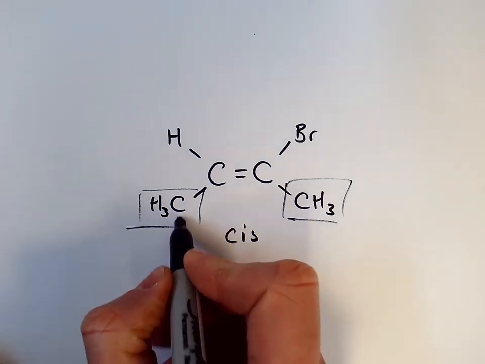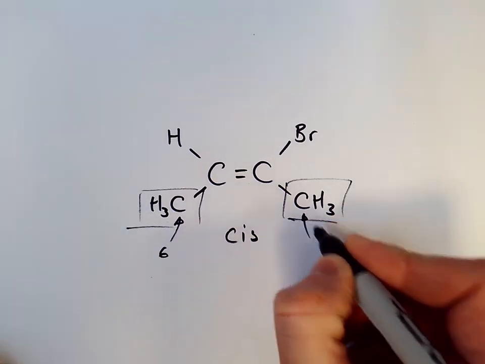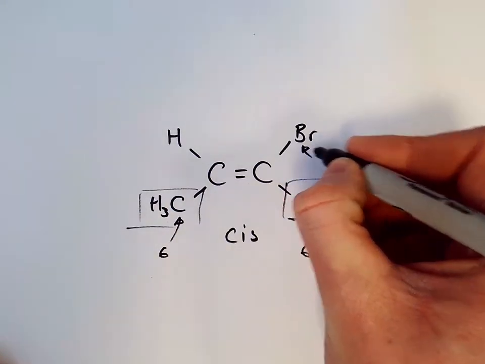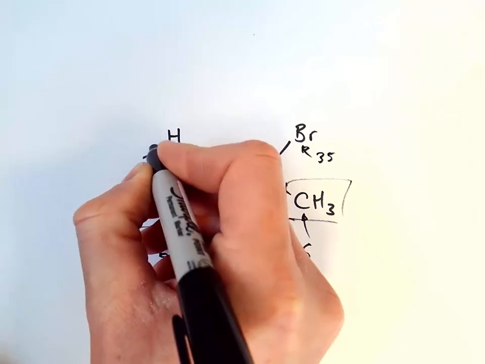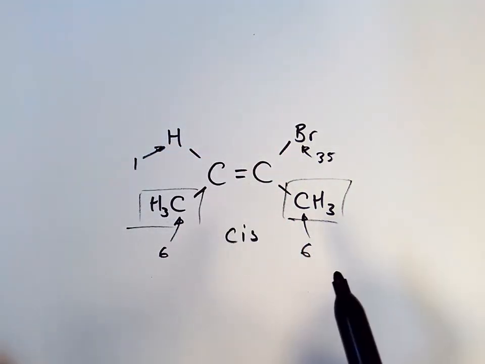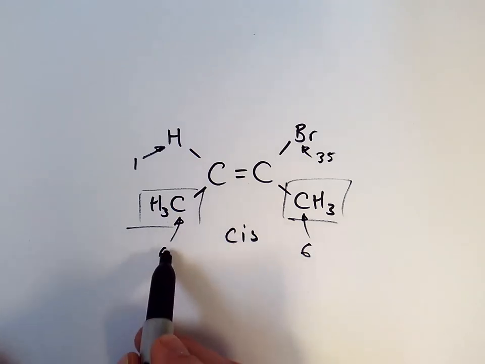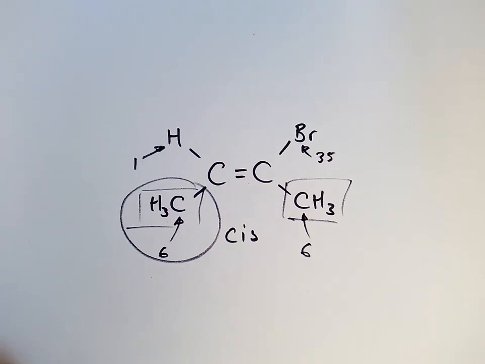We've got a carbon here with an atomic number of 6, a carbon here with an atomic number of 6, a bromine up here with an atomic number of 35, and a hydrogen here with an atomic number of 1. If we apply the ideas of priority that we used before, then the 6 beats the 1, so this methyl group, the carbon, has the highest priority.